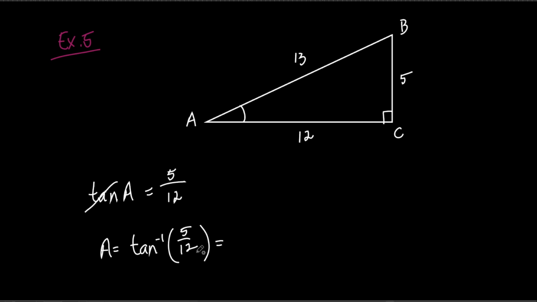That's how you get to the ones that are written on the screen and not the buttons. So you get 5 over 12, then you hit second function, tangent, and you get approximately 23 degrees. And that is this right here. Okay? Let me give you a worksheet before you go, and that'll be it.